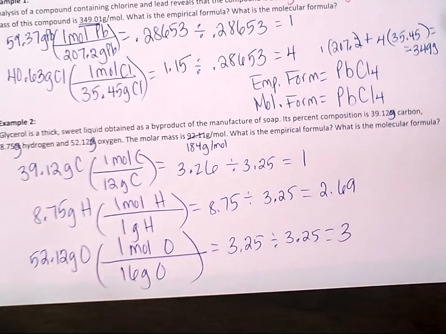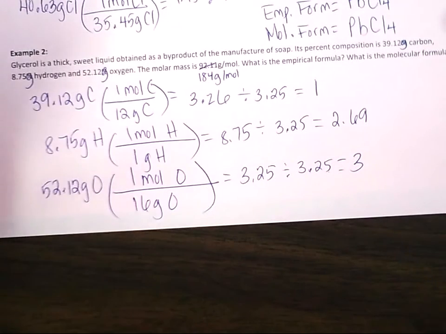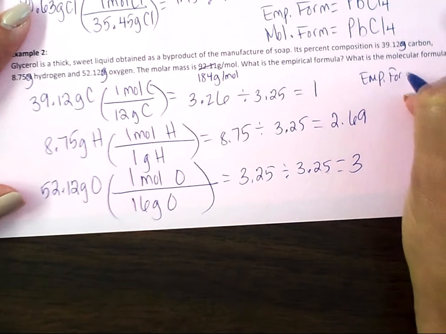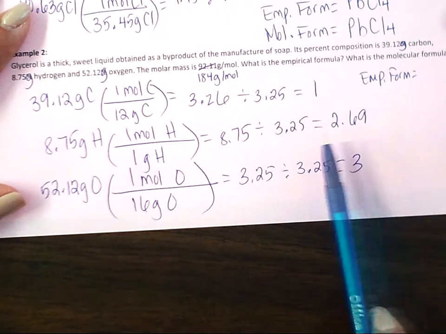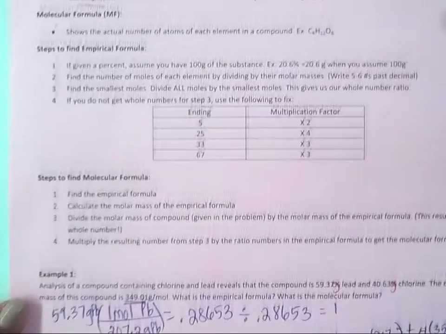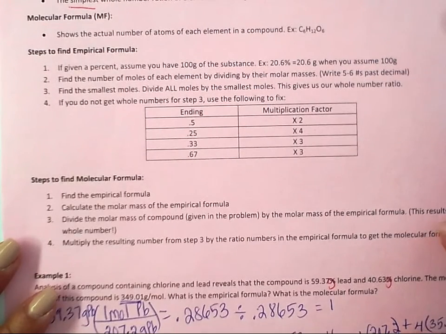But what I wanted you to realize is you cannot have an empirical formula that is equal to 1 carbon, 2.69 hydrogen, and 3 oxygen. You can't have fractions in your molecules. So this is where you would have to look at the last step that tells you what to do.